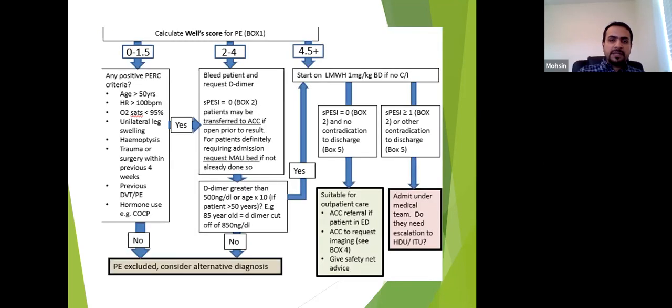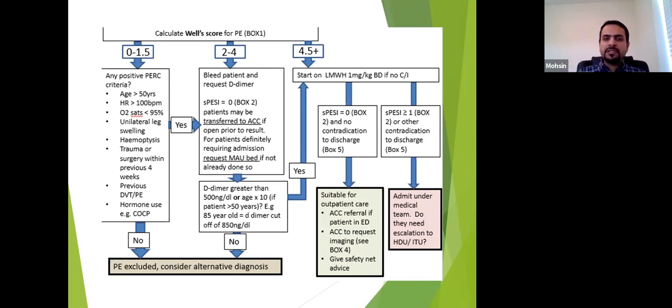And this is basically the workup that I'm talking about. It's not the only flow chart that you can find. Obviously, you will have your own departmental guideline, but this is something from my own trust that I'm showing, and it is based on more or less all the other guidelines used all over the UK. It looks very busy at the top, but let's break it down.